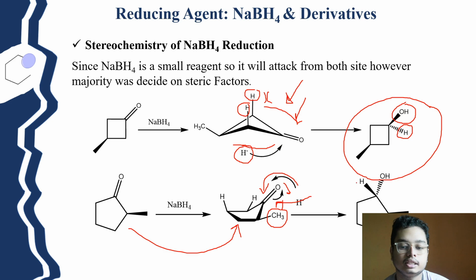So the hydride is present in the wedge bond, where the OH is present in the dashed bond. That's how we determine the geometry of the product in NaBH4 reduction.